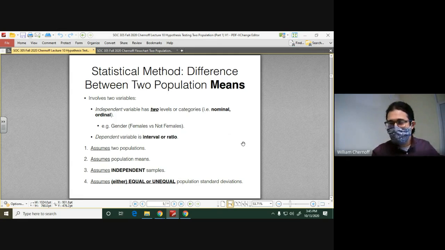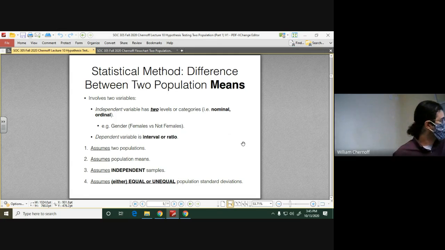Now, in order to use this method, we have four assumptions that we have to check out. The first assumption assumes that there are two populations. So you'll look at your variable that separates the individuals in your sample, and there should be only two possibilities. So it could be female, not female, freshman, not freshman, rural, not rural, or however you've broken it up.